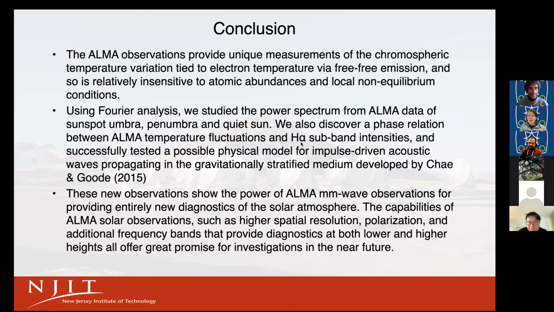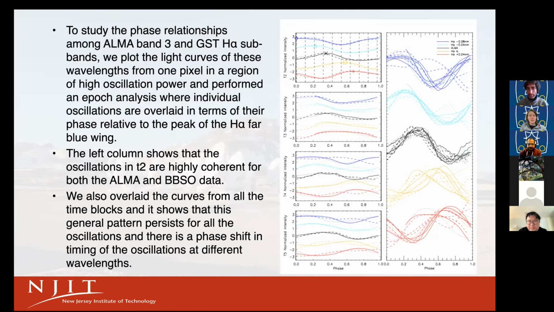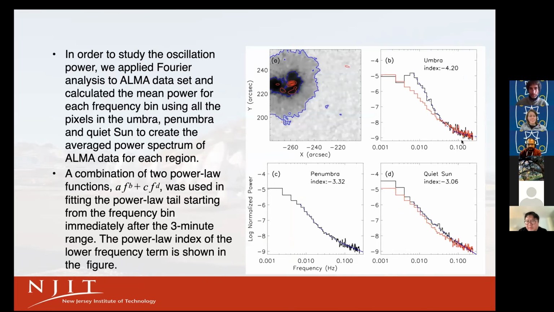There's one question: why was the two-component power law fitting adopted instead of just one component? Well, this feature, right? Because you can immediately see that this tail is different from the frequency range immediately after the 3-minute oscillation, and this tail is mostly believed to be a noisy part.